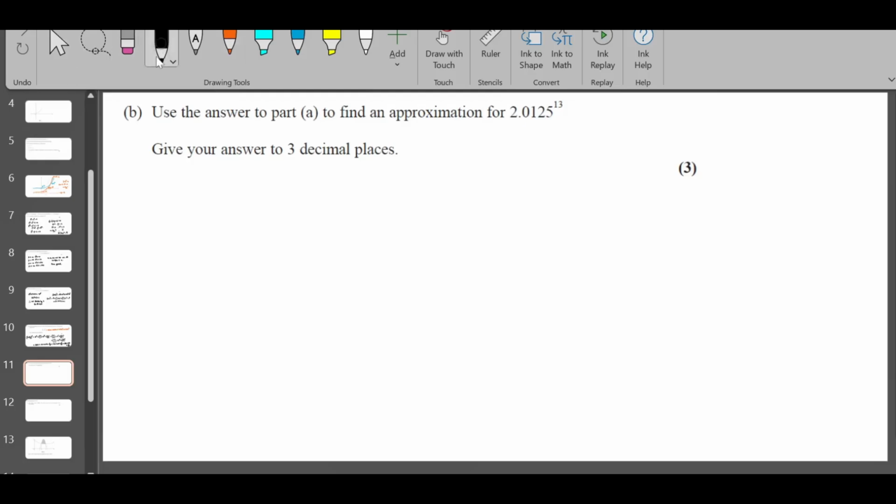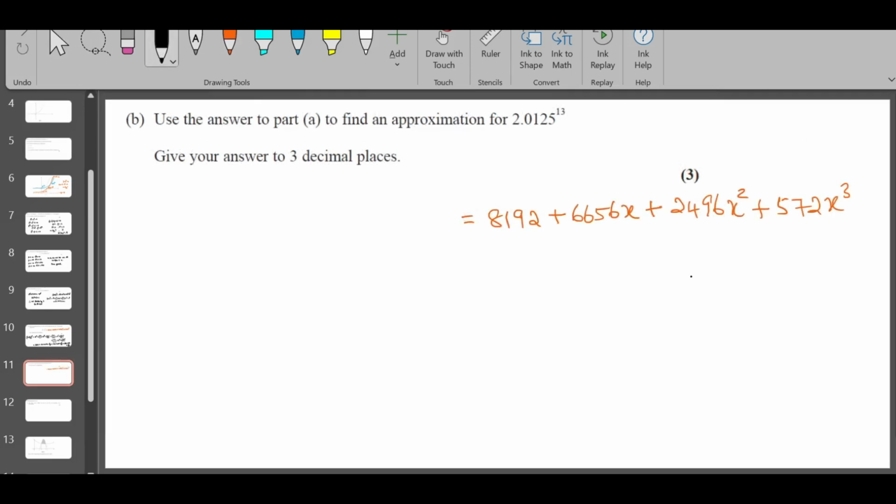Part B now. Use your answer from part A to find an approximation for this. Okay, I'm going to put the answer from part A here. First of all, this is the expansion of (2 plus x over 8) to the power 13, right? Since this also has a power 13, equate this so you can get the value of x.